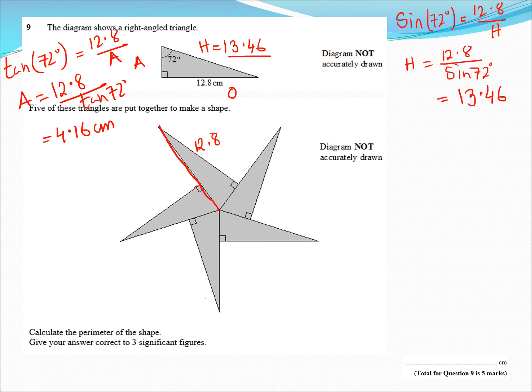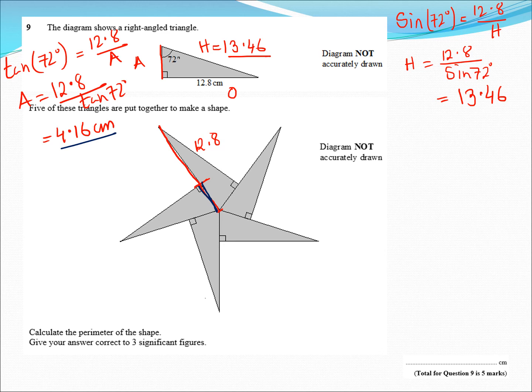I need only up to here. So the amount I'm subtracting from 13.46 is this bit, and the length of that part is 4.16. So I'm going to do 13.46 minus 4.16 to find this missing part.